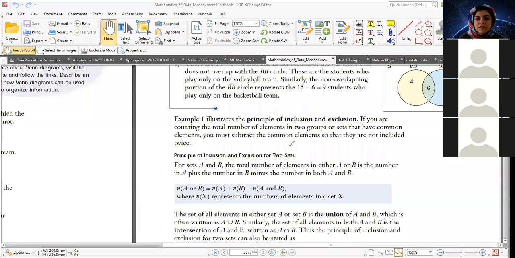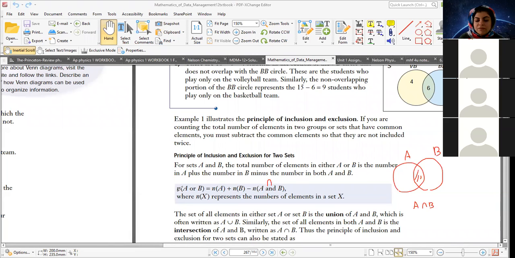Looking at this, if you have A and here is B, this middle part, if I shade it, is A and B, in common, right? When you say and, it's going to be in common.